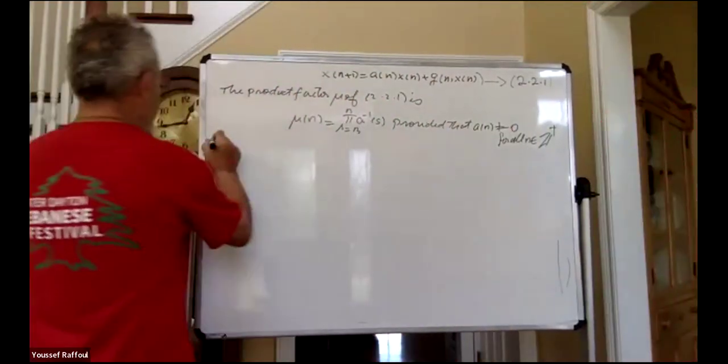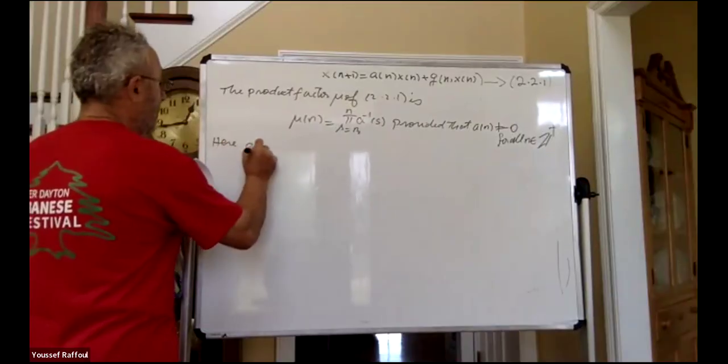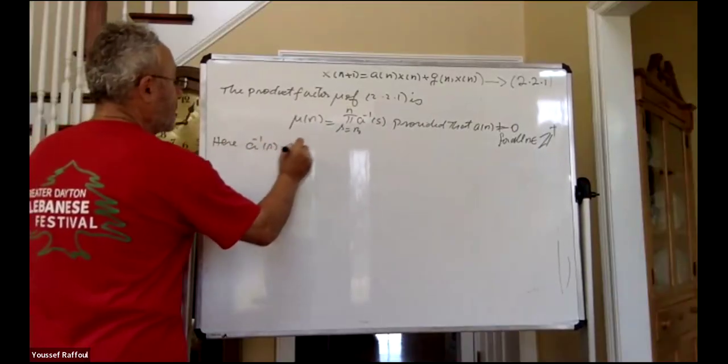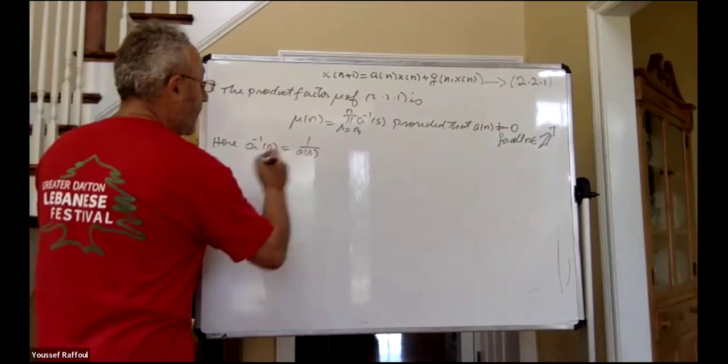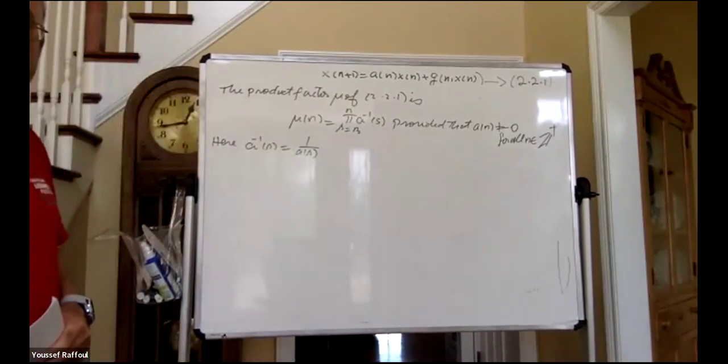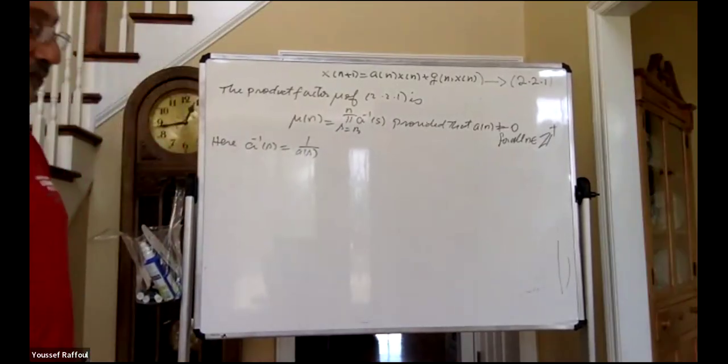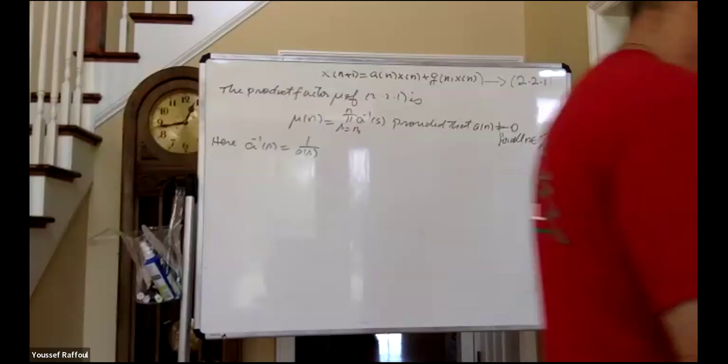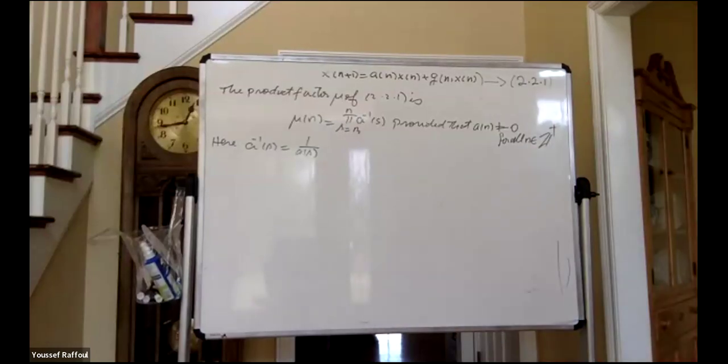And here, a inverse of s is 1 over a(s). So you know what the definition is. All right. Any questions?